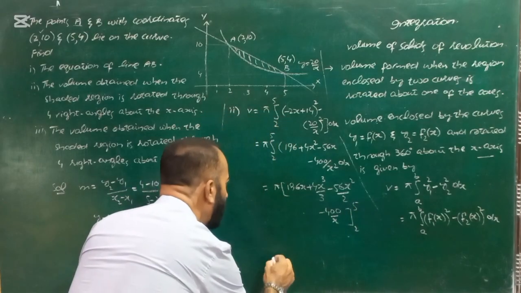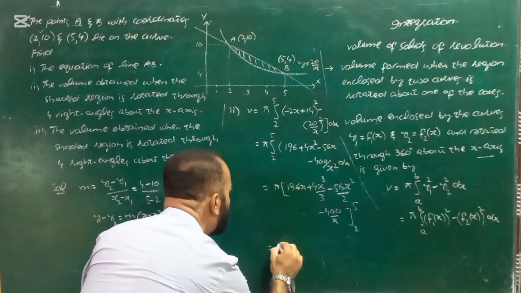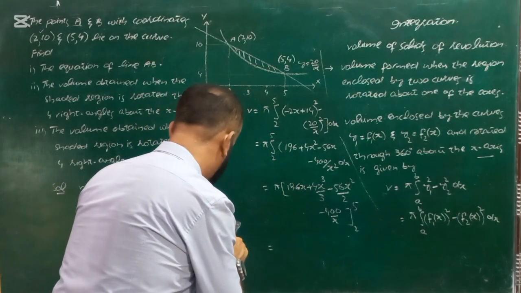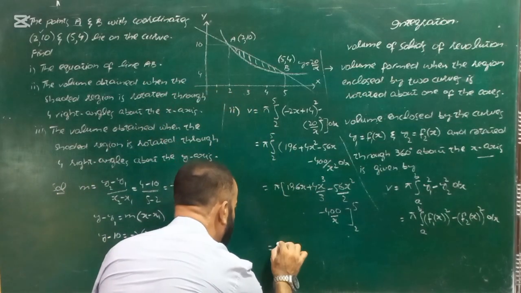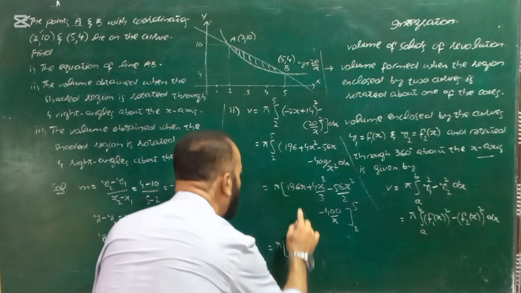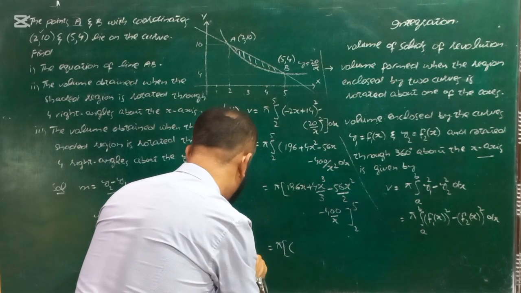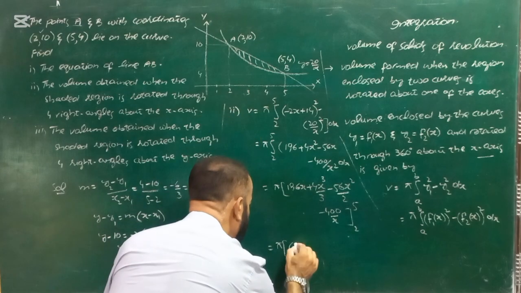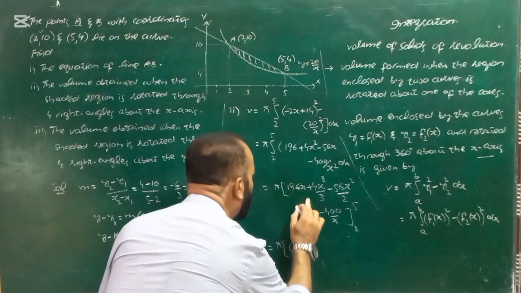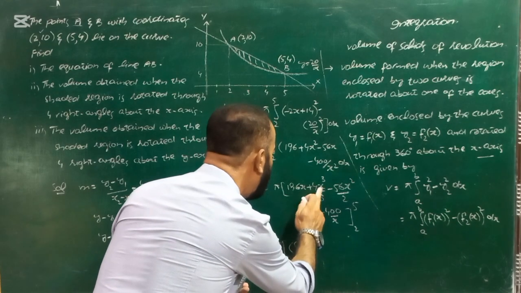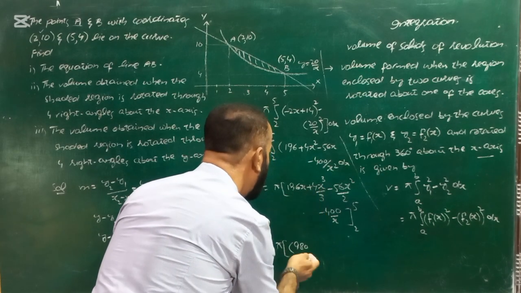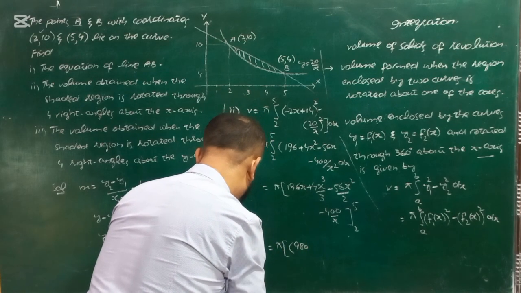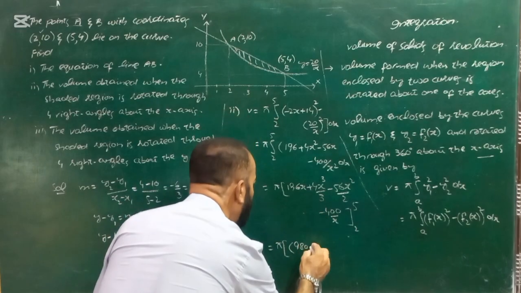Now we are going to apply the limit directly. So pi is here. In the first bracket, 196 into 5, 980, plus 5 cube, 125, 125 into 4, 500 over 3.